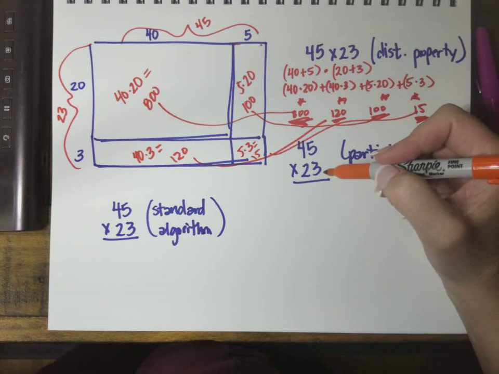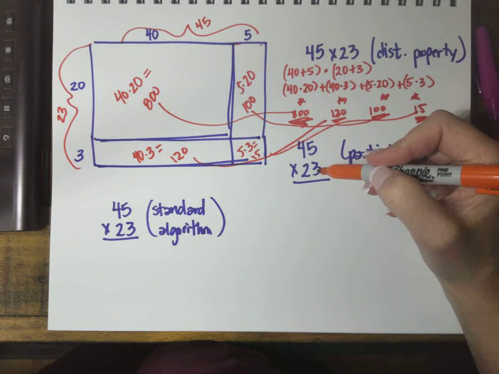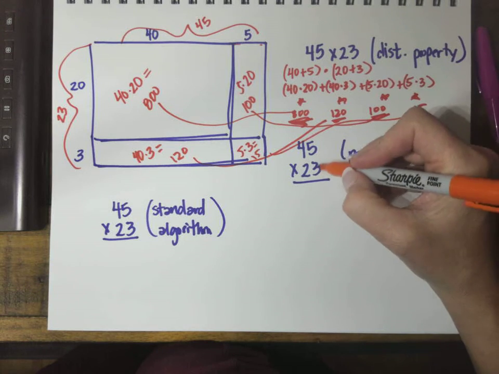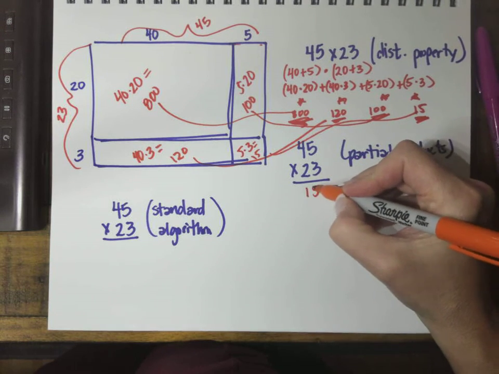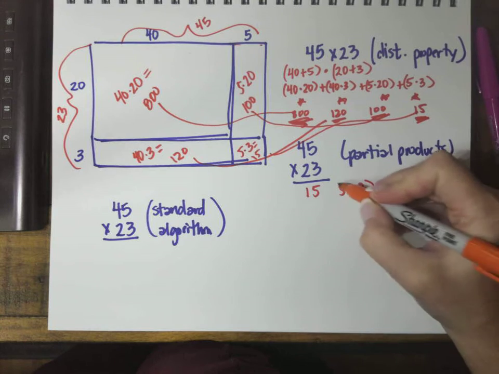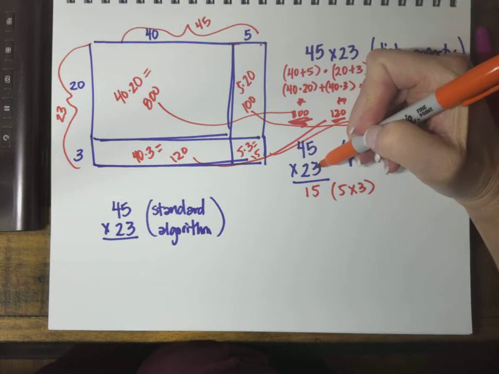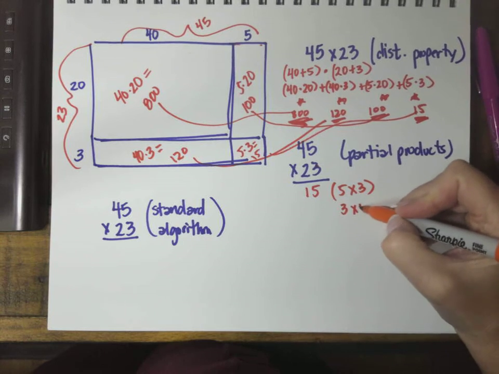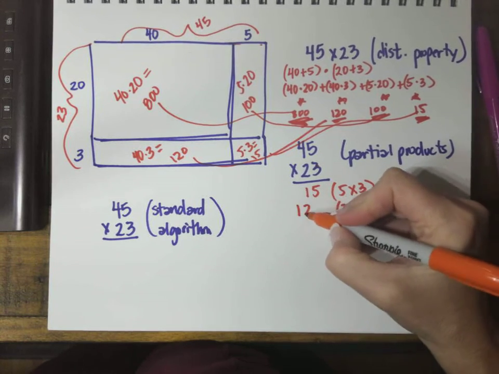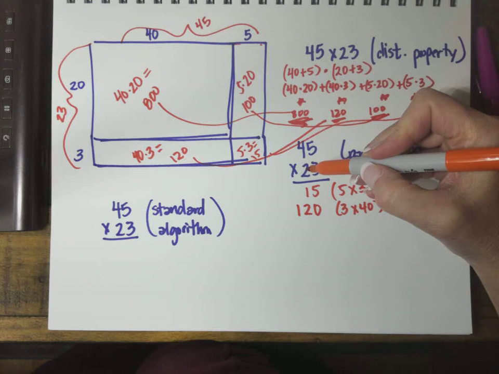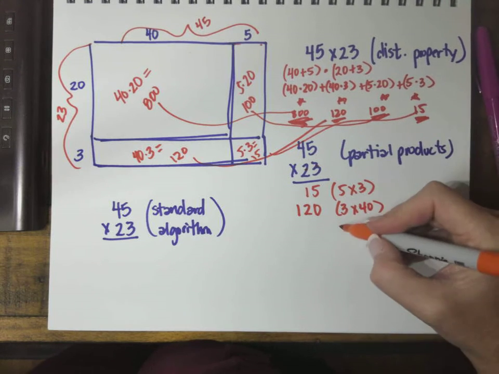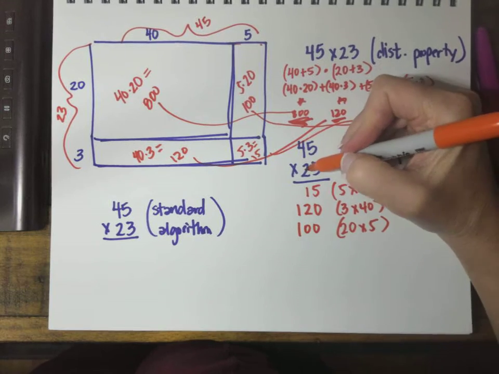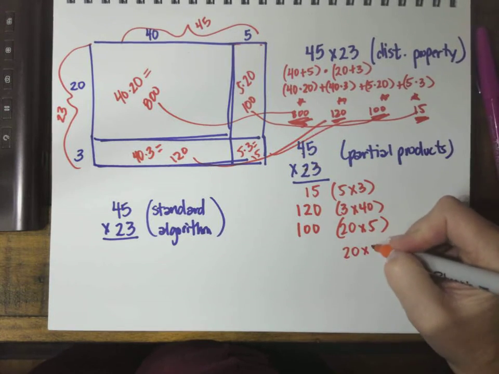Remember, in partial product multiplication, we're multiplying by giving value to the places in their actual value. So 5 times 3 is 15. And now we'll multiply the 3 times the 40. And then we'll multiply the 20 times the 5. And we'll multiply the 20 times the 40.